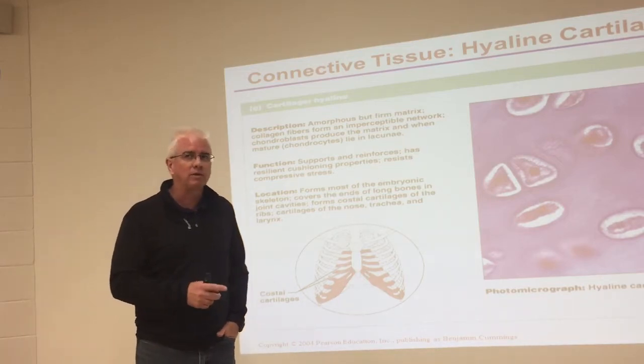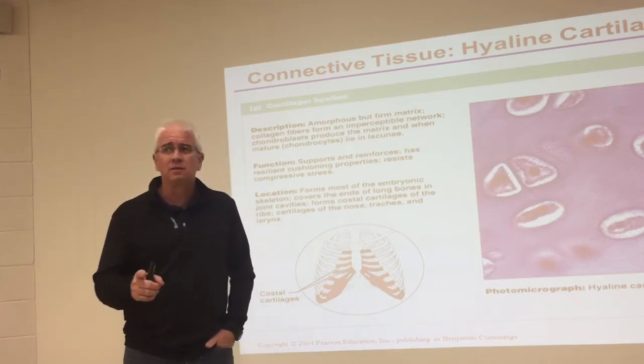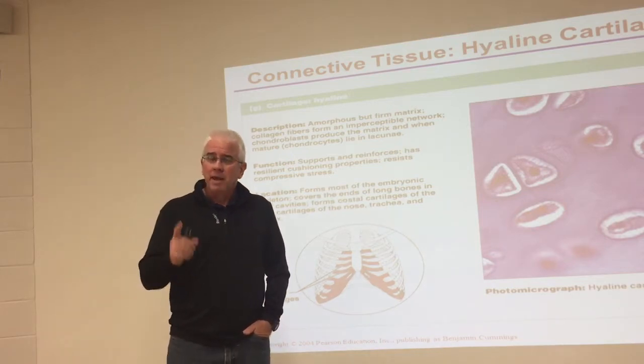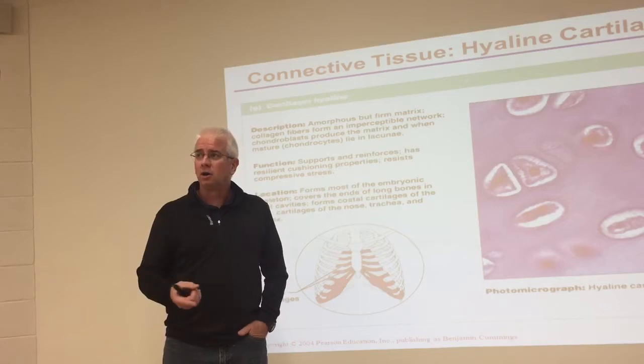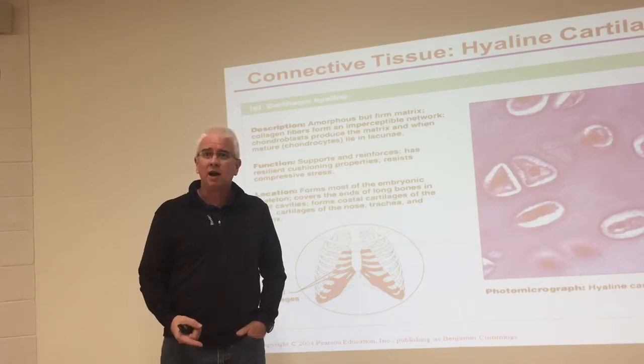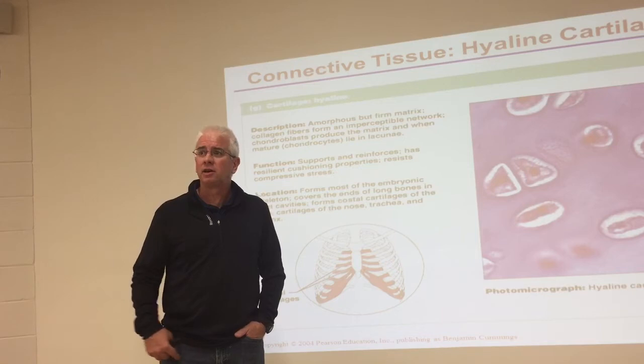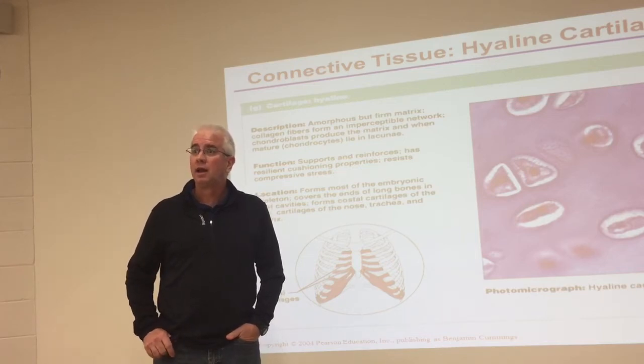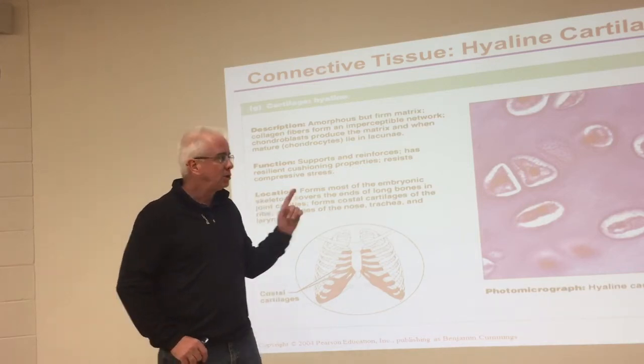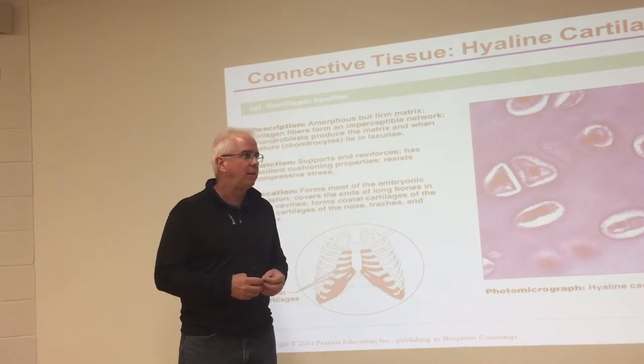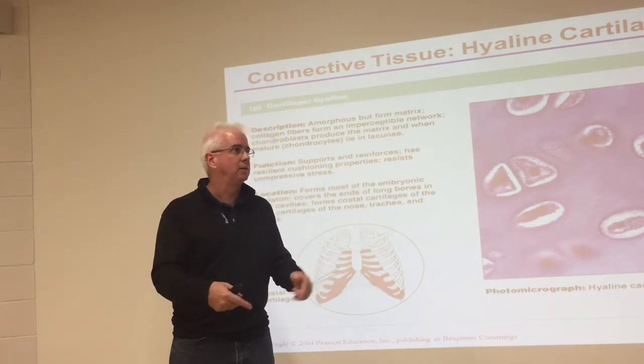But that's not what I want to say, because the truth is, the matrix of hyaline cartilage is just as dominated by protein as any of the other connective tissues we've looked at. In addition, the matrix of the hyaline cartilage is dominated by the same protein.